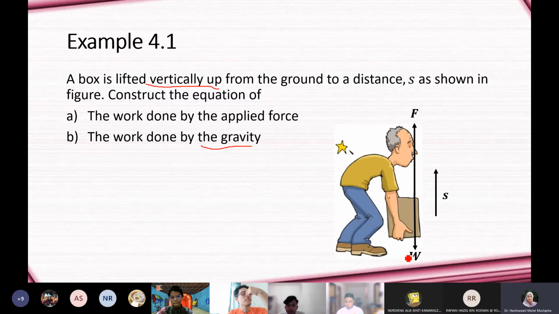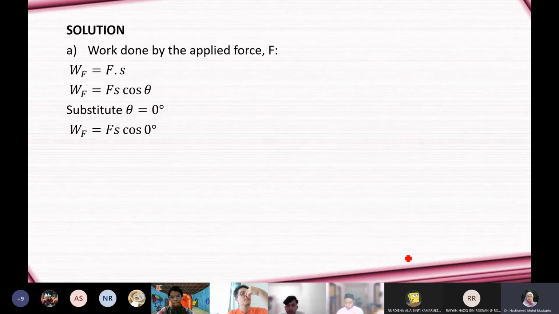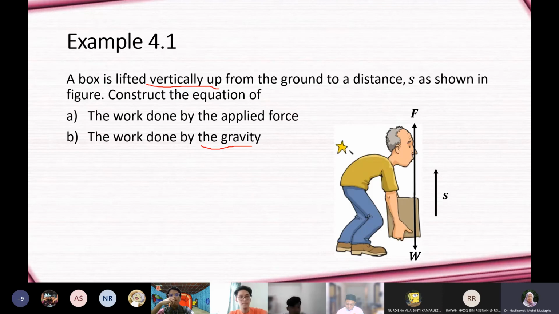So work done is equal to Fs. We calculate for the applied force dulu. Work done is equal to Fs cos theta. So substitute theta with 0. Kenapa kosong?